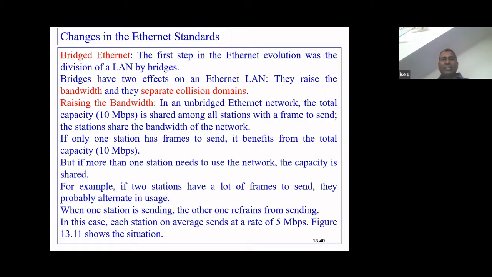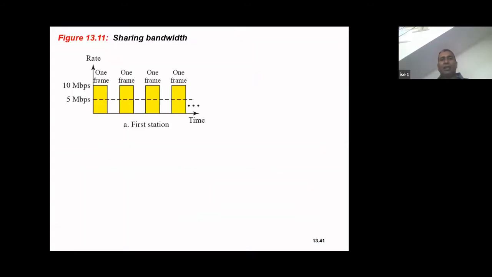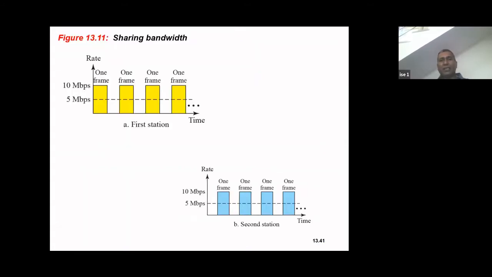So how does it increase the bandwidth? Here, if you see this diagram, the scenario is something like this. This is the bus topology, and suppose this is the end of the cable, this is also the end of the cable, and the systems are connected like this.